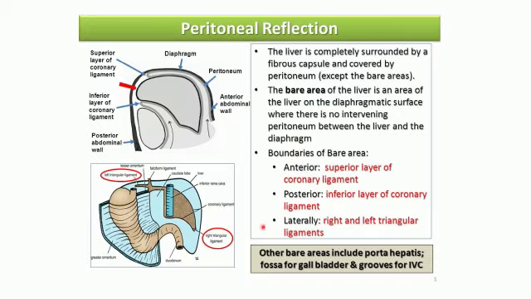So coming to the peritoneal reflection, here we can see how the bare areas are seen, how the attachment of the lesser sac is here and how the bare areas are forming. We came across the boundaries in the last class.